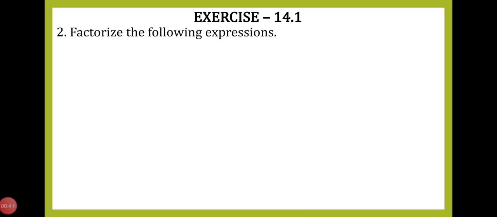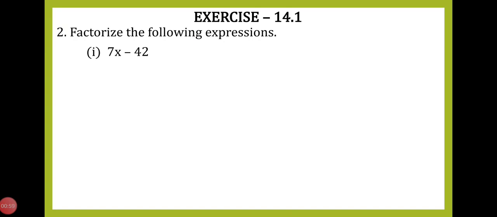So, question number 2 of exercise 14.1. Factorize the following expressions. In question number 1, we factorized the terms. Here, we have to factorize the expressions. So the first part of question number 2 is 7x minus 42.